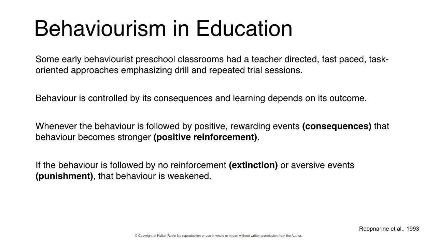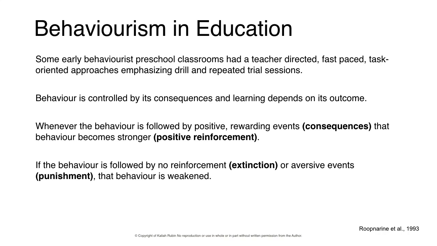So, whatever the behavior is, followed by a positive, rewarding event, would be considered a consequence, and that would make a behavior become stronger. So, that's positive reinforcement. If the behavior is followed by no reinforcement, it will become extinct.